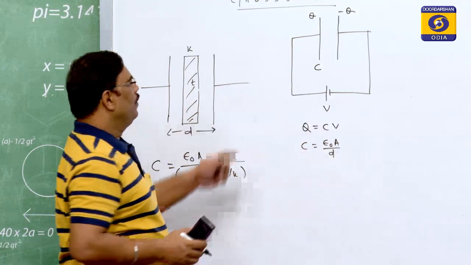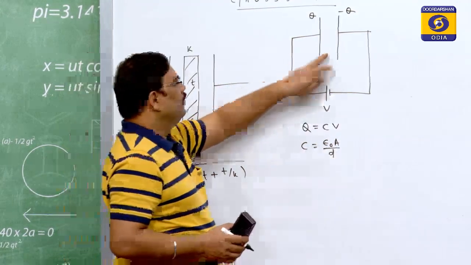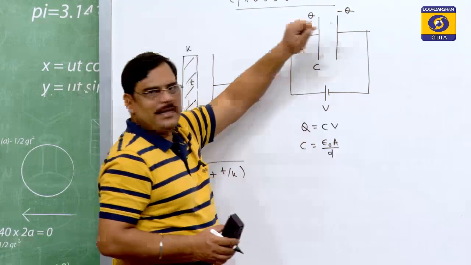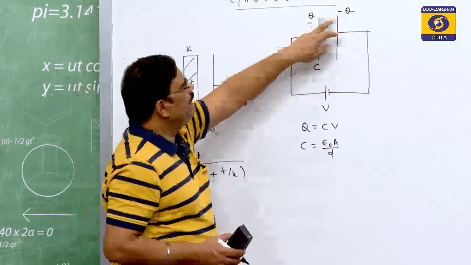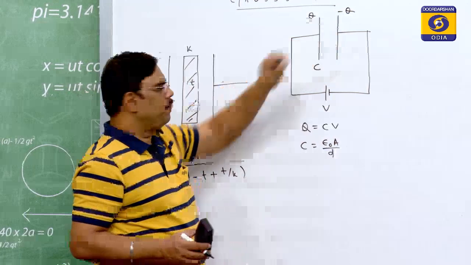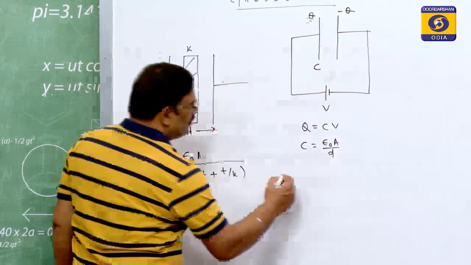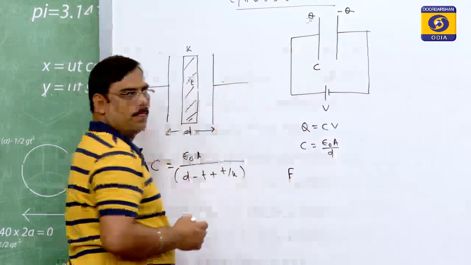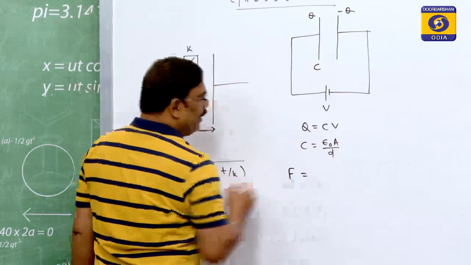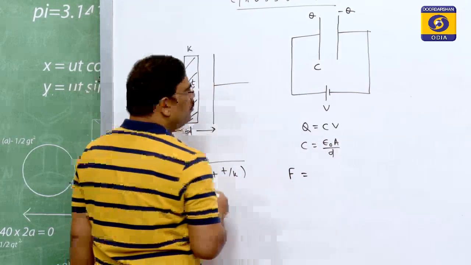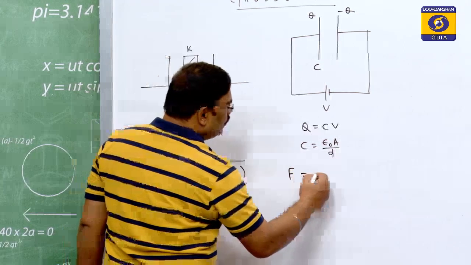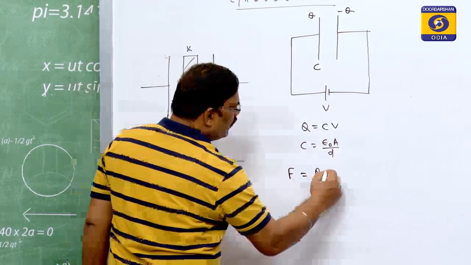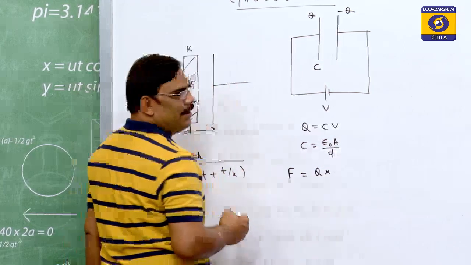Now, since these charges are positive and negative, they must have a force of attraction between them. The force of attraction F between the two plates will be the charge Q into the electric field at that point.